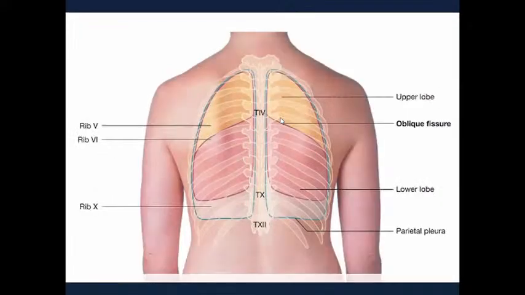So that is anteriorly, obviously, and this is posteriorly, also depicting the spinous processes and the relationship between the margins of the lung and the extent of the parietal pleura. So very clearly demonstrated here.